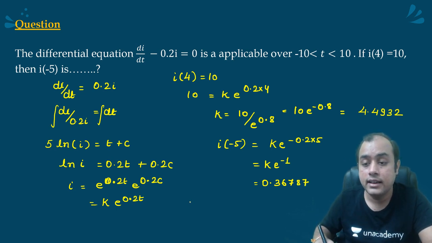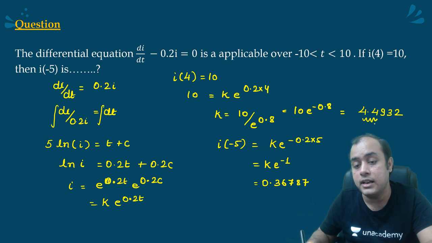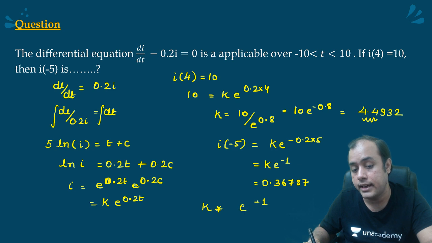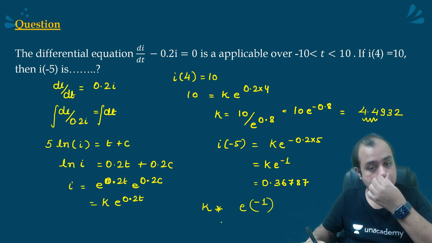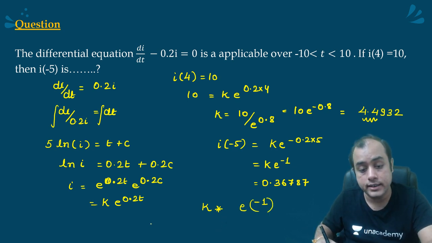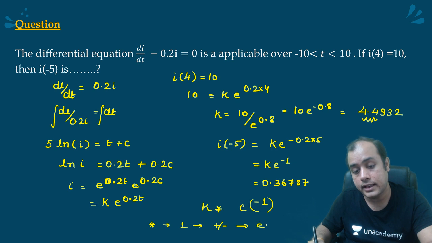This value was already available, so I multiplied it. I first pressed minus 1, then I pressed e to the power x. Then I pressed equal to, first star, then 1, then plus minus, then exponential, and then equal.